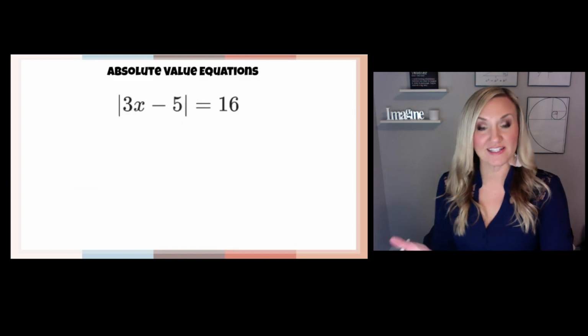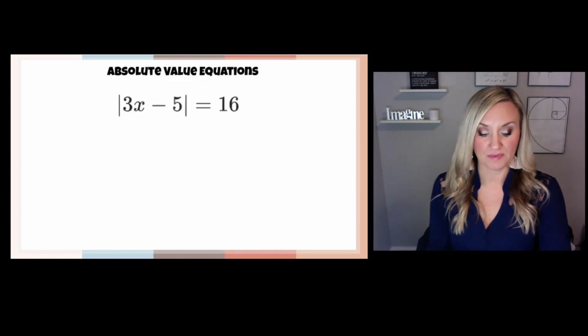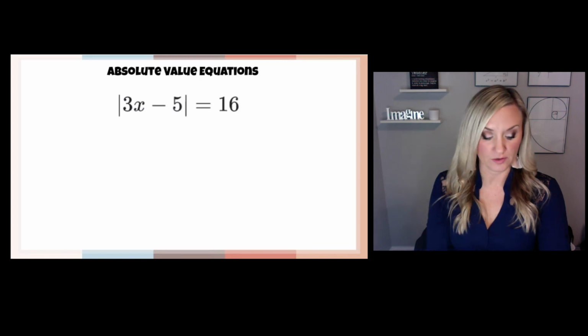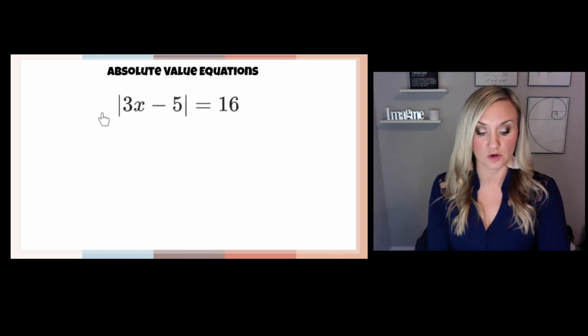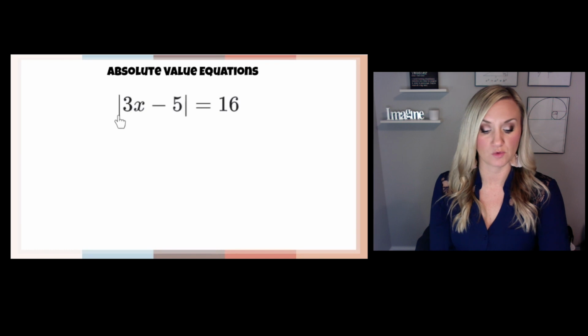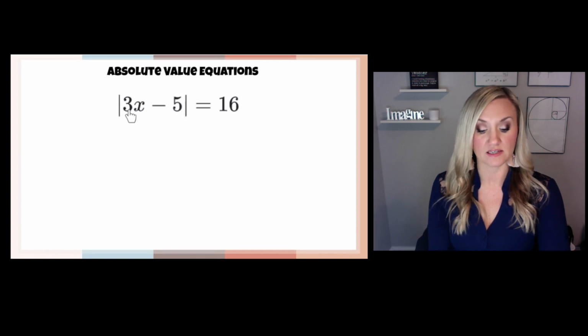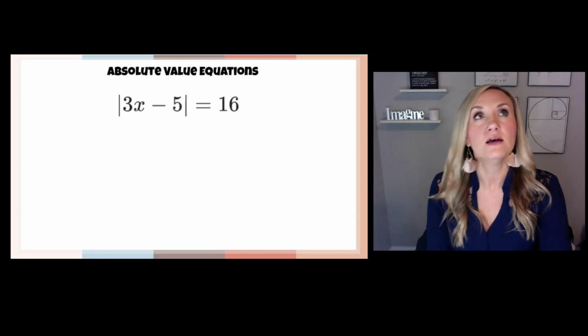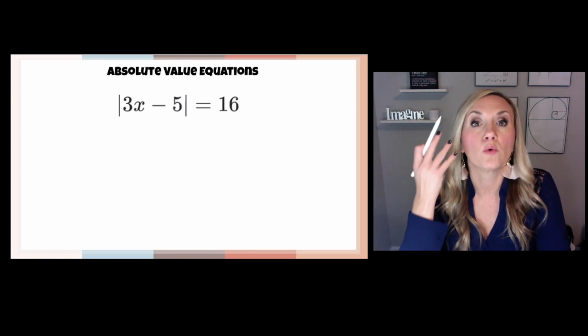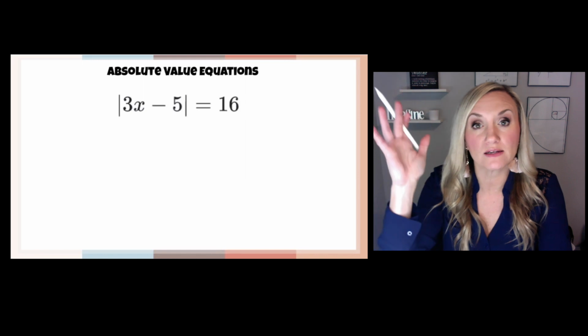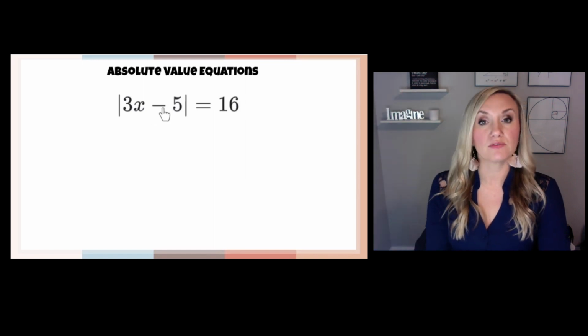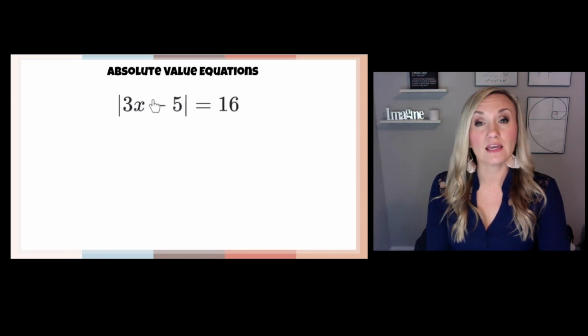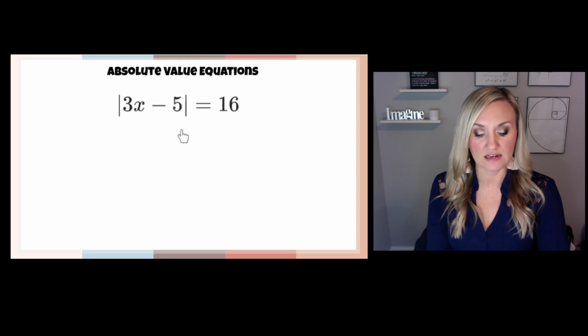All right, so let's take a look at another example. I recognize the absolute value bars on this side of the equation are by themselves. We don't have any other numbers we have to worry about. They are completely isolated. Now there are things inside, and I bet you might be thinking, like, what would a student raise their hand and ask? Would you be asking about this negative? Would you be saying, hey, do we have to change this to positive because anything inside of the absolute value bars is positive?